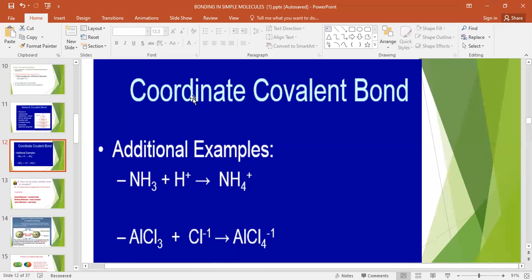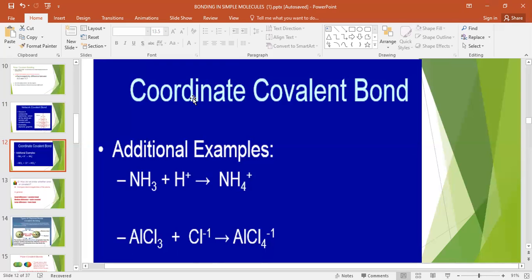But when one atom shares a pair of electrons with another atom, as a result of sharing of electrons, we call it a coordinate bond or dative bond, when they share a pair of electrons, not a single one. Clear now? Here nitrogen has the lone pair, because there are 2 electrons, so we call it a pair.